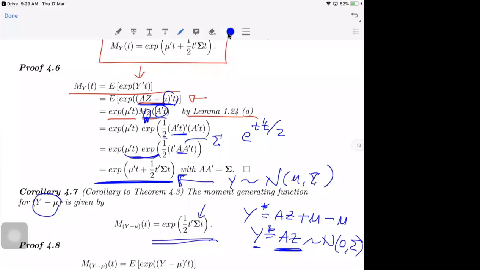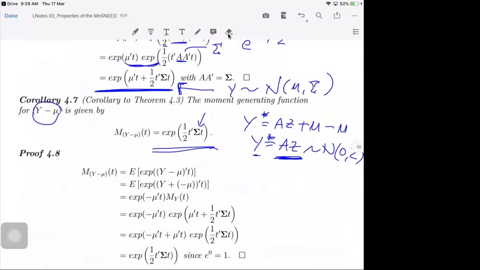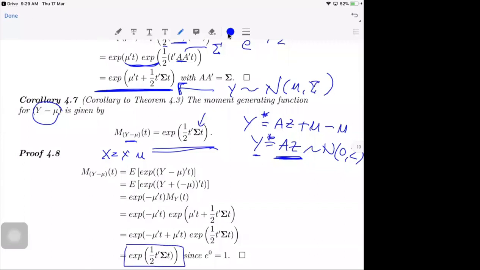So this corollary: if we try to find the moment generating function of, say, x is y minus mu, then the moment generating function of x will be given by this, no? So to do that, this is the proof.